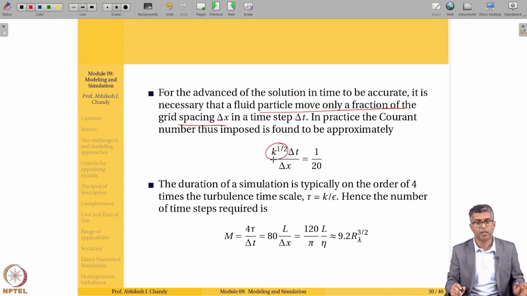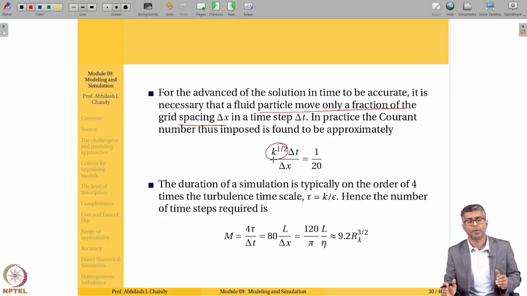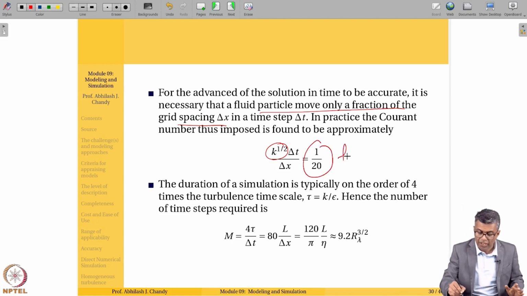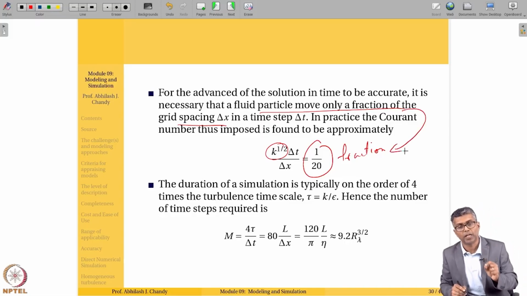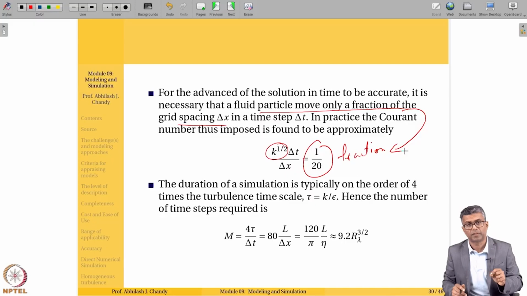So this is essentially u delta t over delta x, u being the RMS velocity, and what we are saying is that it should be 1/20th, a fraction of the grid spacing. It should only move 1/20th of the grid spacing in that time step.